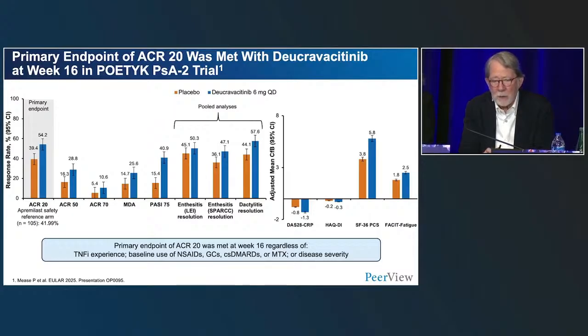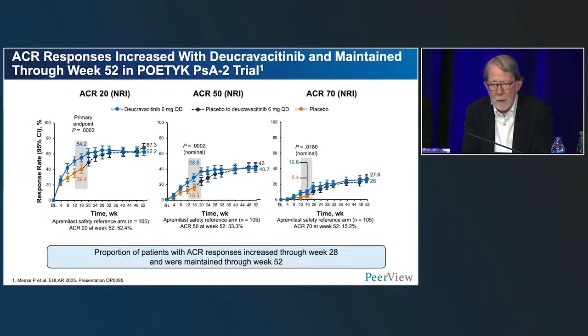And then, as you can see, enthesitis resolution. The SPARCC enthesitis resolution was nominally significant, and the dactylitis resolution was nominally significant. And then you see on the right-hand side some patient-reported measures, including the HAQ-DI, the SF-36 PCS, and FACIT fatigue, all of which resulted well.